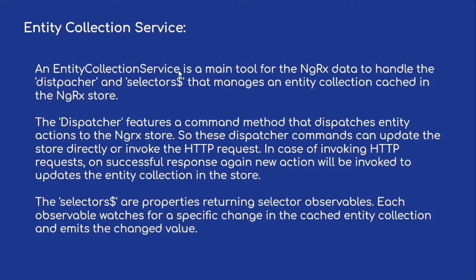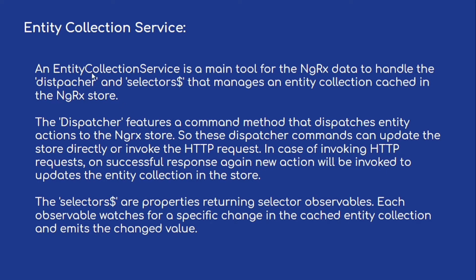This is the core Angular class of NgRx data to handle the dispatchers and the selectors that manage the entity collection cached in the NgRx store. Whatever data we store, we can handle or consume by using the entity collection service only.